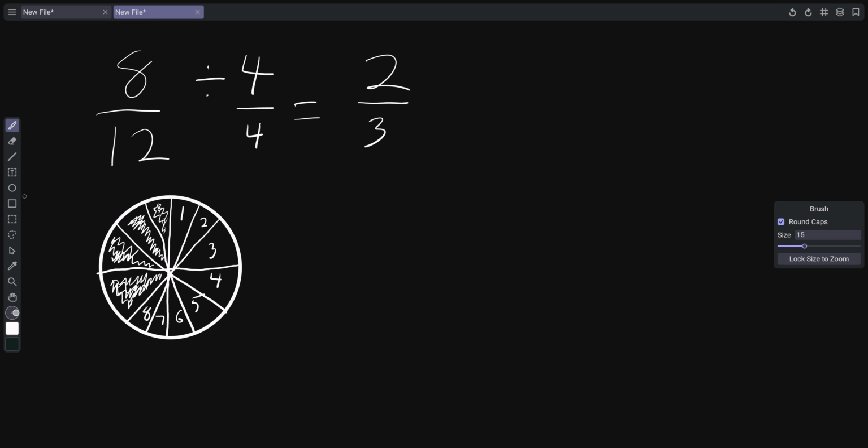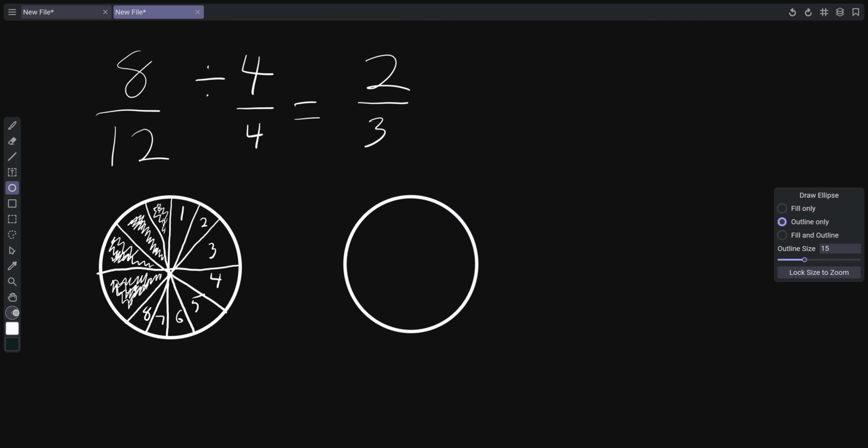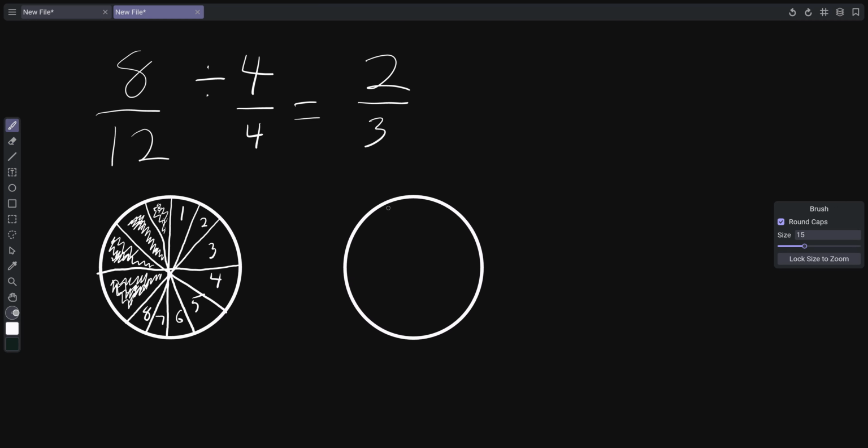And now, if we draw another circle, we just cut this into 3 slices, so I could just do something like this. And then I could just strike out this slice here.